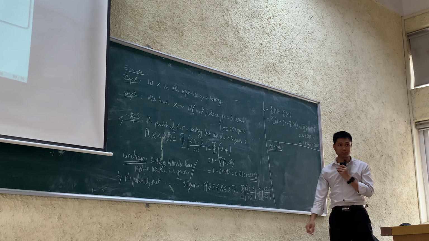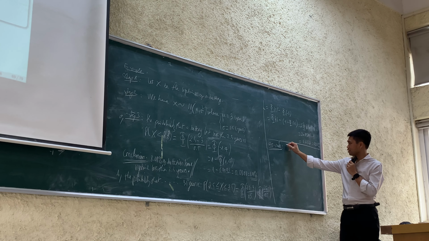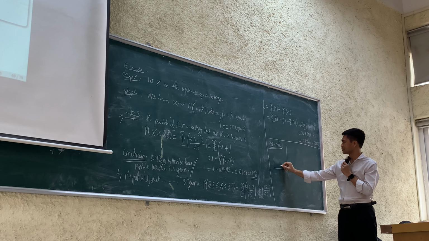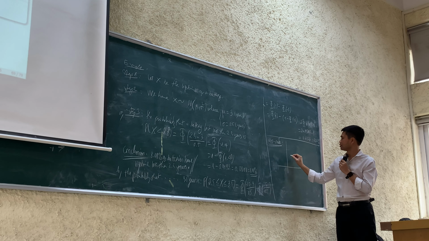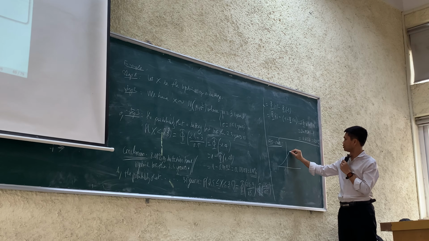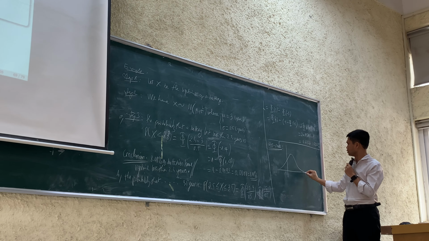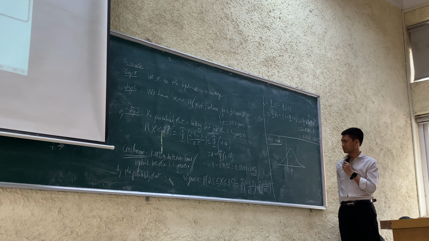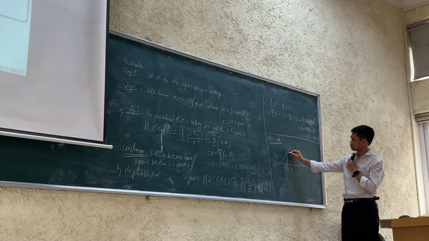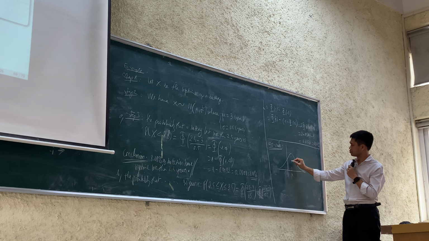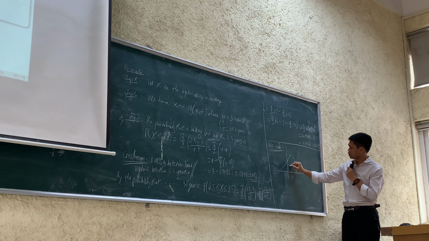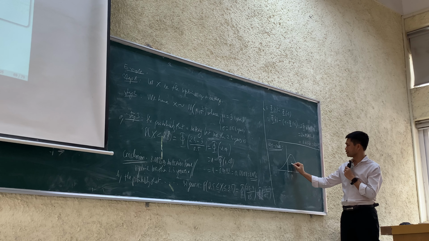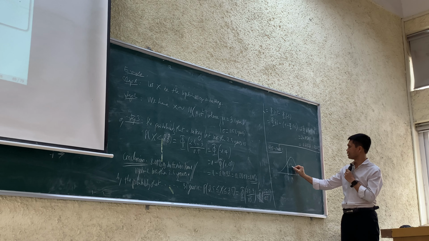The 3 sigma rule states that for any normal distribution, here is mu and this distance is sigma.